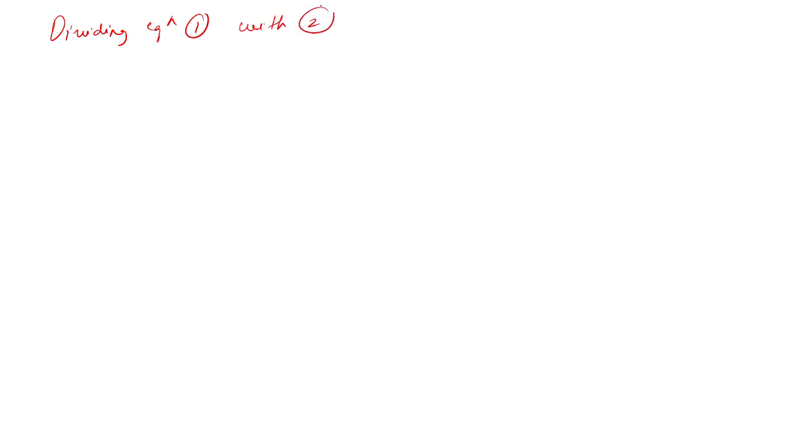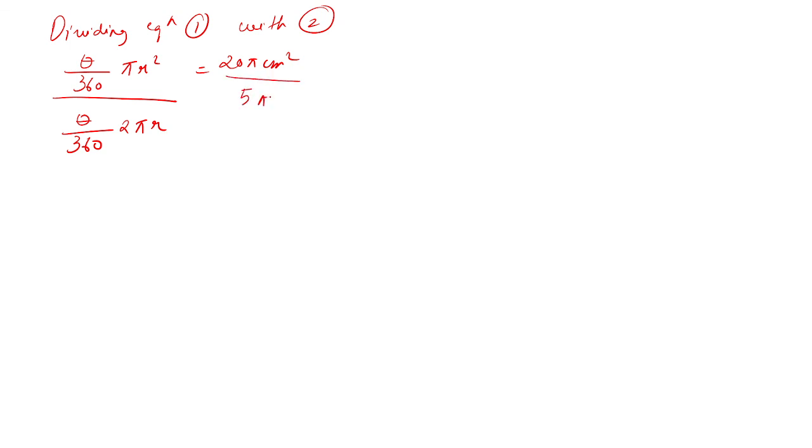So that would be theta by 360 pi r square equal to 20 pi centimeter square, divided by theta by 360 2 pi r equal to 5 pi centimeter, right? So you can cancel centimeter, cancel pi and pi, 5 into 4. You can cancel this, you can cancel this.